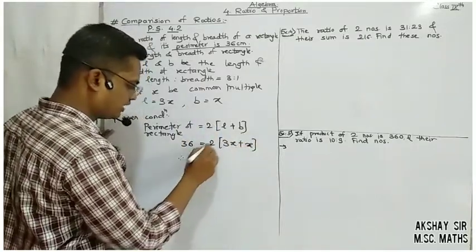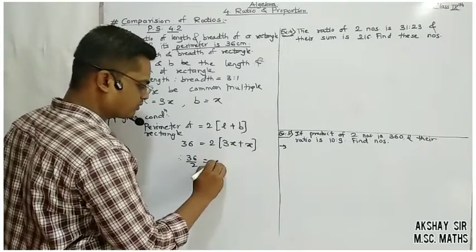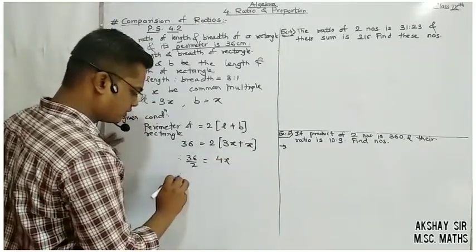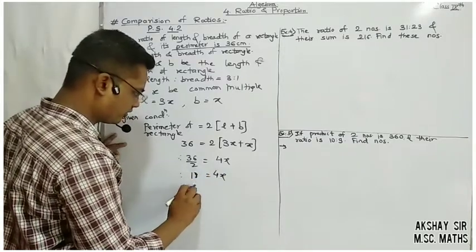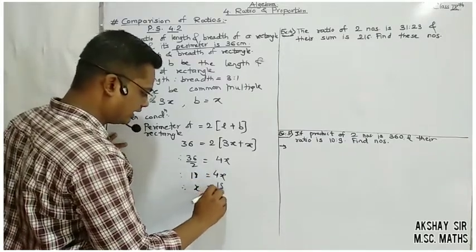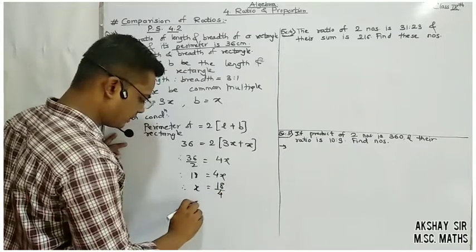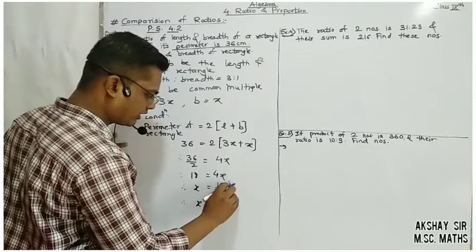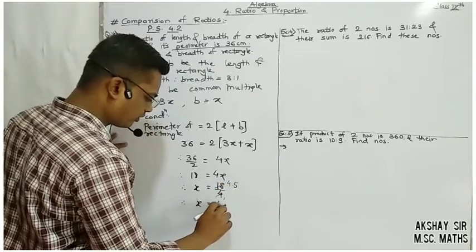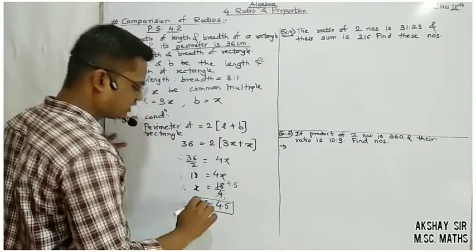So 2 can be taken common. 3x plus x is 4x. So 36 upon 2 is 18, and here 4x. Therefore the value of x will be 18 upon 4. That means x equals 4.5. So the value of x is 4.5.